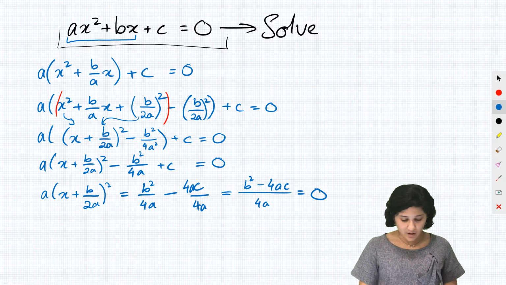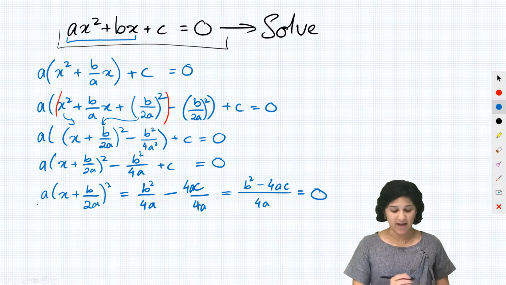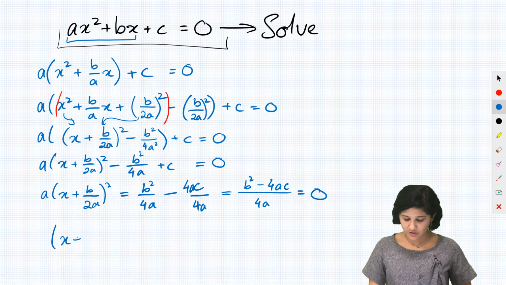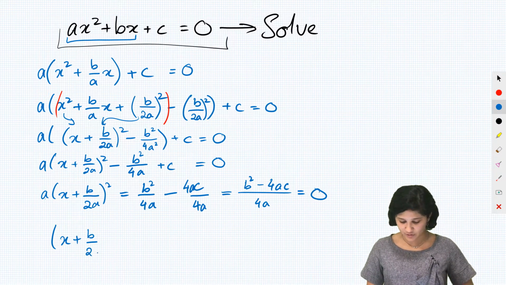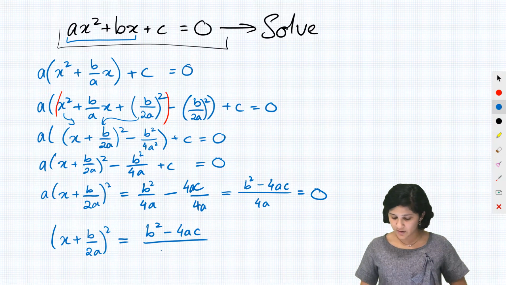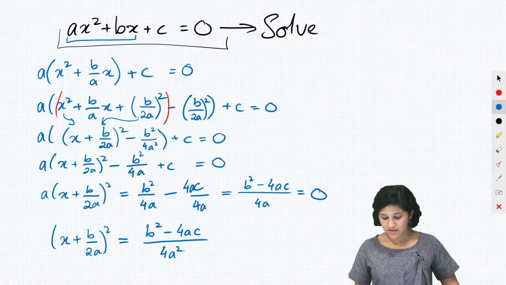Okay, and that's still all equal to 0. Alright, so now I need to divide both sides by a. So on the left-hand side, I've just got x plus b over 2a squared is equal to b squared minus 4ac over 4a squared.